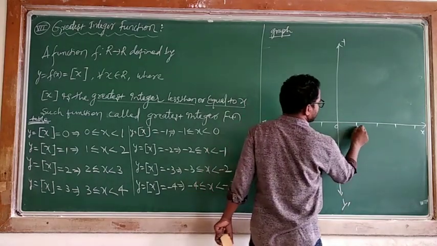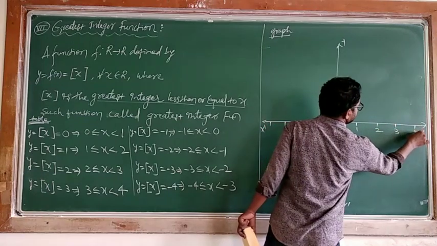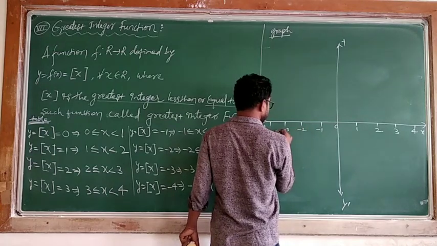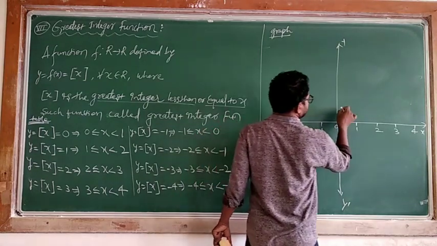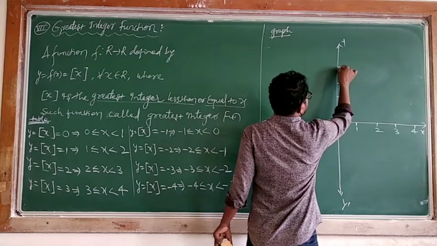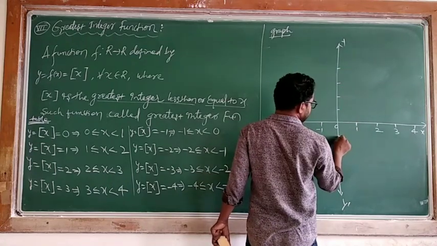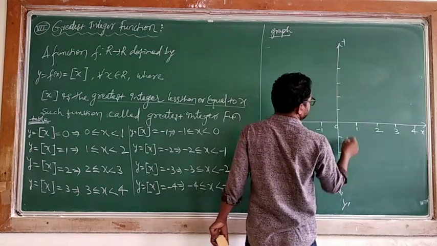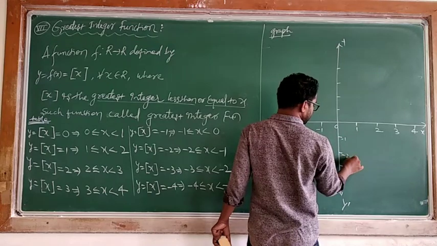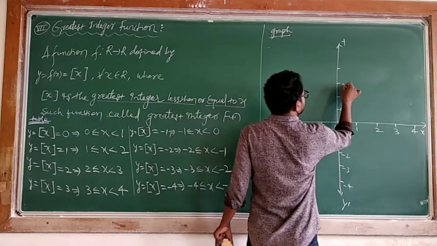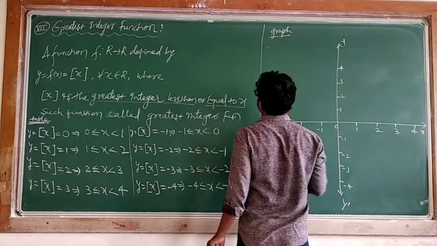This is 0, 1, 2, 3, 4, minus 1, minus 2, minus 3, minus 4 on each axis.